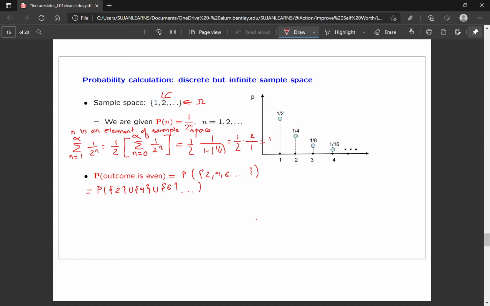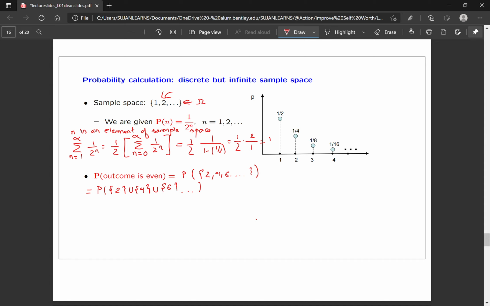Now let's stop for a moment and think about it. Can we apply the additivity axiom here? Can we add that? Whether or not we can use it, let's use it and see what happens.